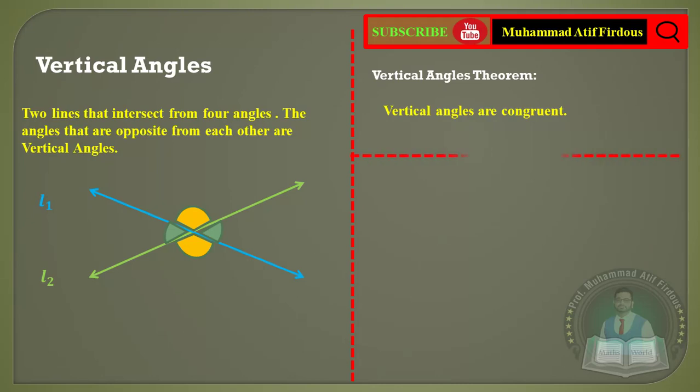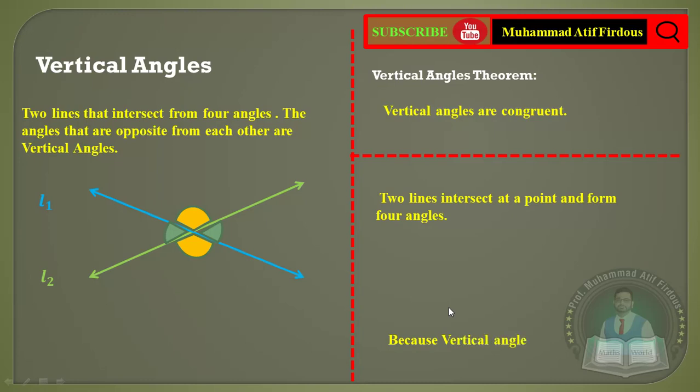Two lines intersect at a point and form four angles. You can see that these two lines L1 and L2 intersect at a point, say O, and form four angles. With the help of the vertical angle theorem, vertical angles are congruent.